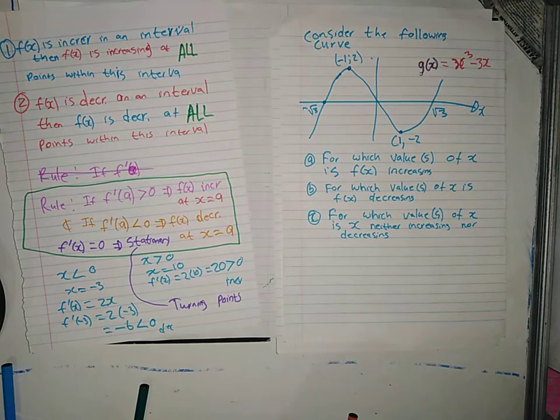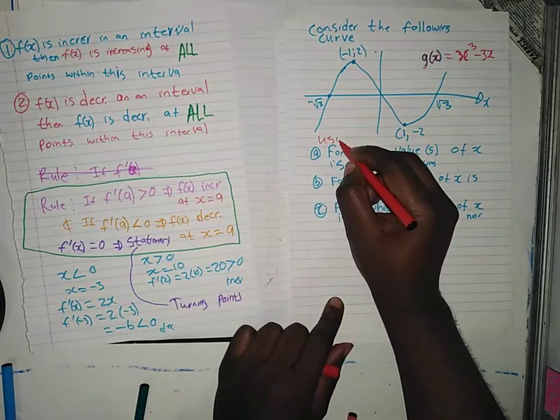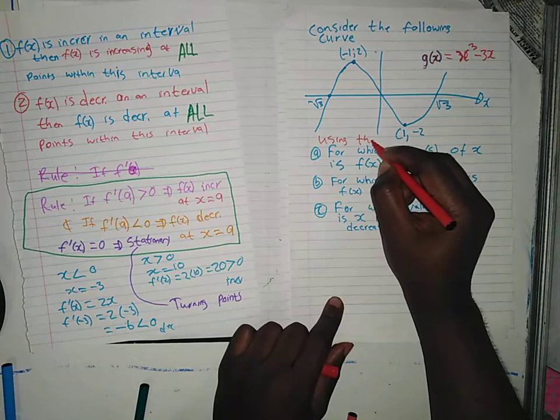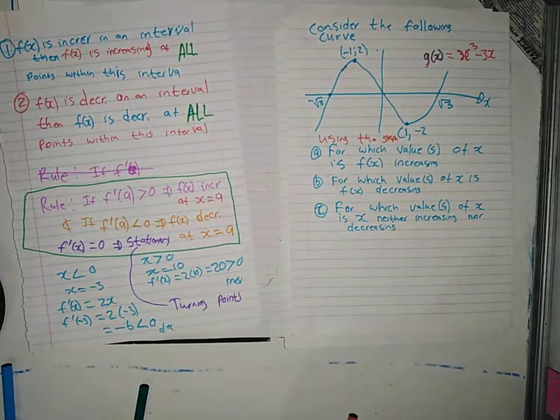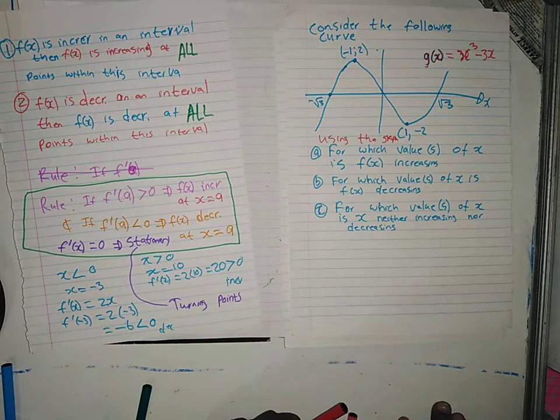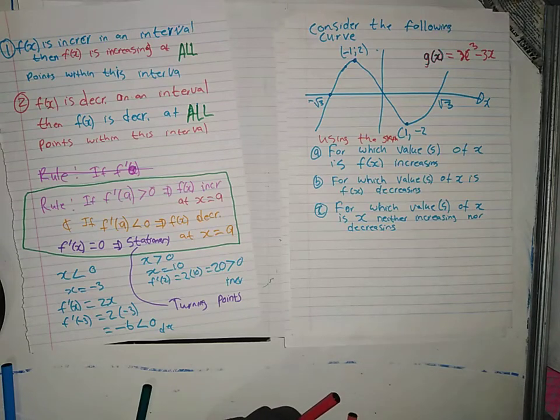So luckily we've got a graph already, and let's just answer using the graph. Sometimes they won't give you one. For which values of x is f increasing?